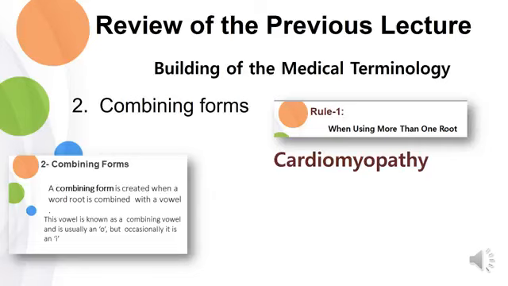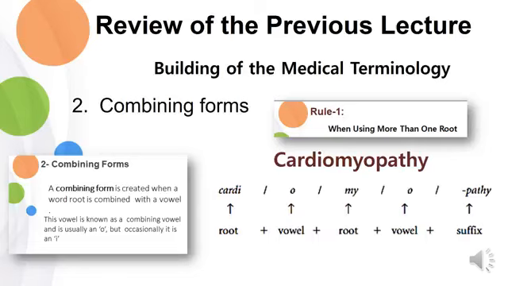If we analyze this term, we find that the first root is cardi and the second root is my. The first root, cardi, represents the heart, and the second root, my, means muscle. As the second root starts with a consonant, I have to use a combining vowel.